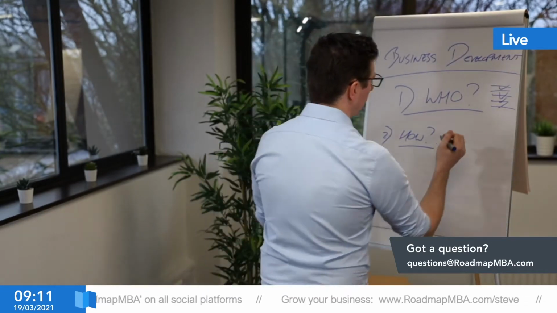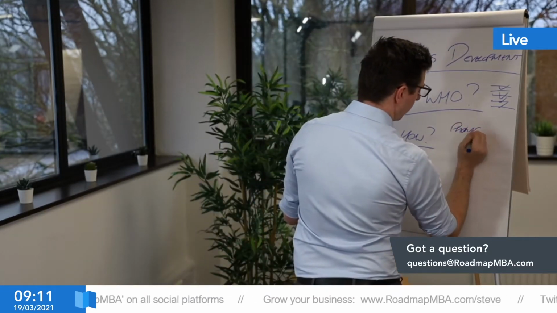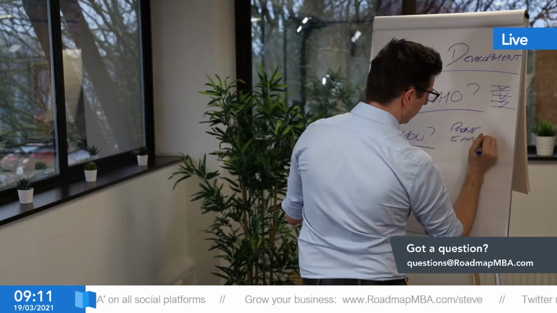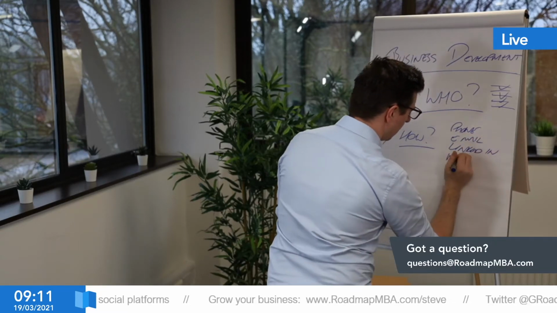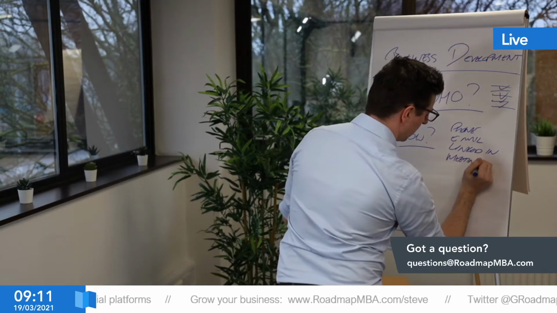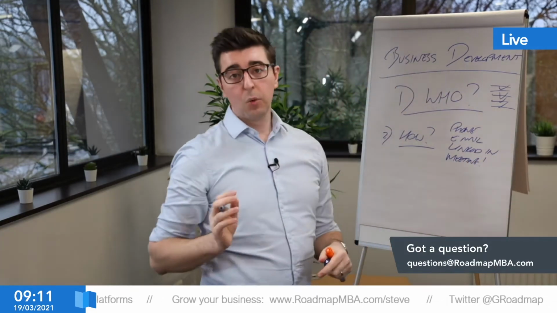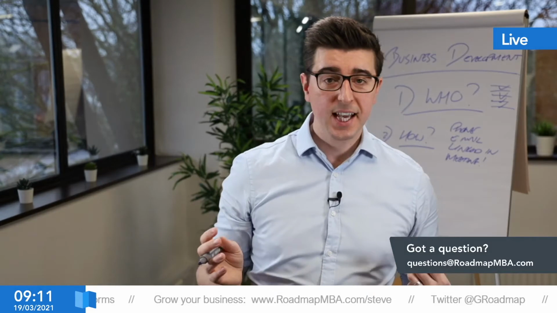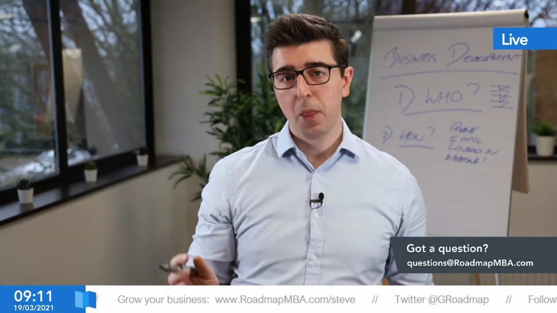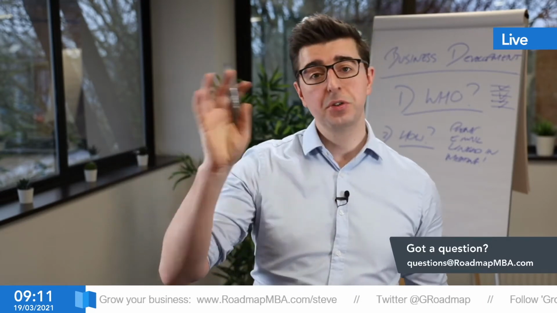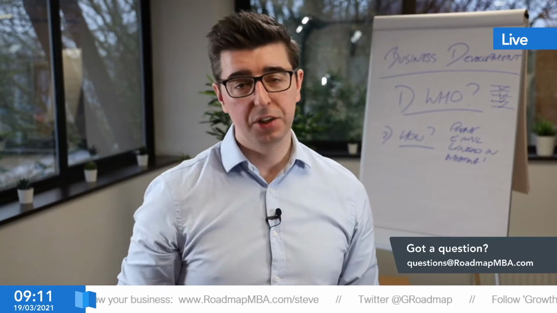So this could be phone, email, LinkedIn, meeting. What will probably happen, because again, sales is a numbers game, is that you have to do your sales funnel, where you do a lot of approaches to have it work through, and it will gradually drop down.